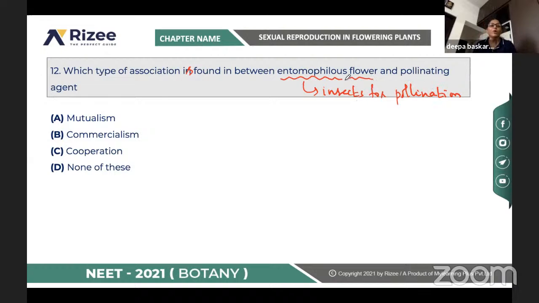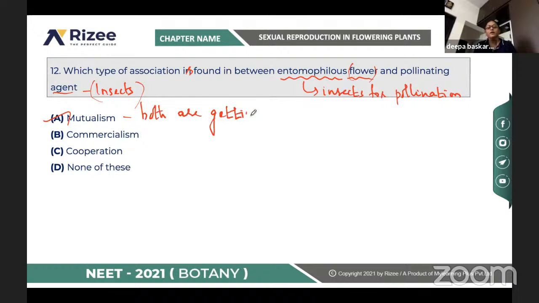So here the pollinating agents are insects. What association is there between the flower and these insects which are helping in pollination? That is mutualism. What do you mean by mutualism? Both get benefits. So both are getting benefited.